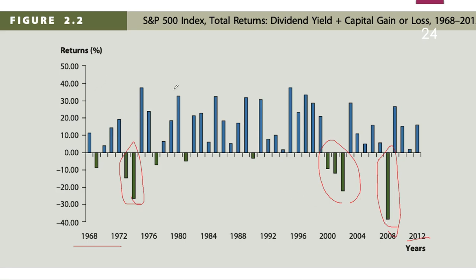But most of the time, during regular or good times, the annual returns of the S&P 500 index are really good. And notice that the dividend yield is also included in these return calculations. So most of the time, the performance is quite good, actually, for the S&P 500 index.